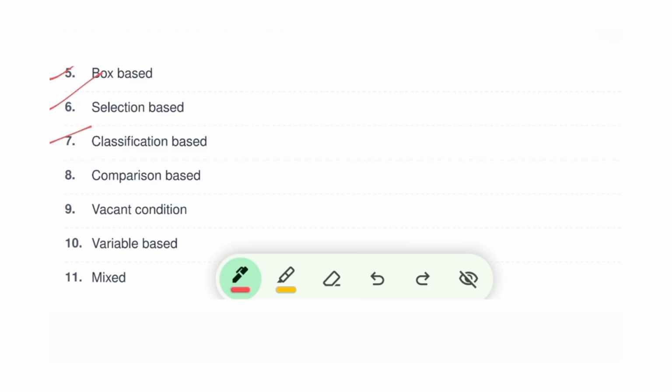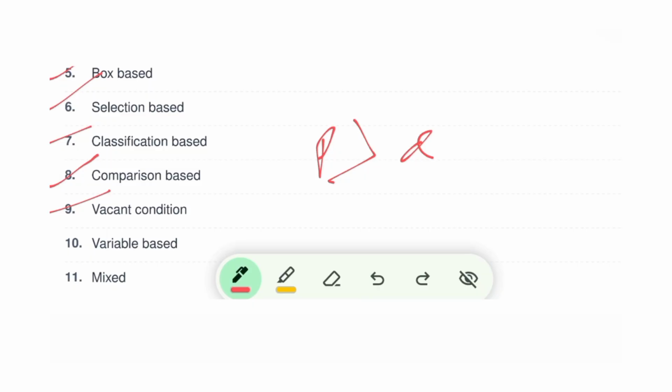Now 7 is classification, where the puzzle classifies people into different characteristics, like they like car, flower, food, etc. Then comparison based, like person P is greater than Q and R, and P likes this color and Q likes that. Then the ninth one is vacant condition.